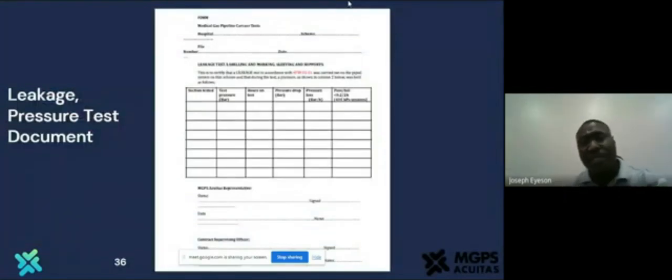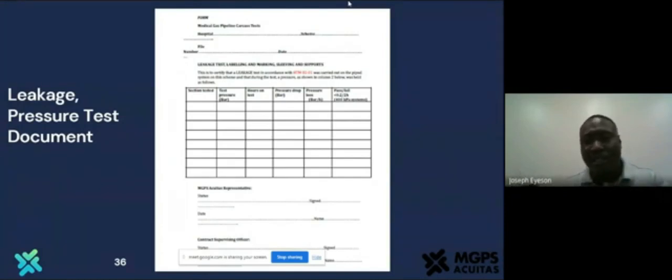As a biomedical engineer, this is a sample or a template for pressure tests and leak tests. You have such documentation which shows the section being tested, and the test pressure, whether it's 2 times the nominal pressure. So if the pressure you're going to use at the end of the project is, let's say, 2 bar, you test at twice that nominal pressure, so it would be 4 bar.